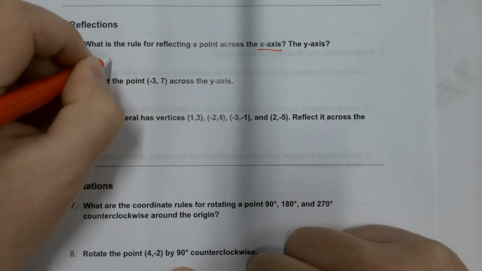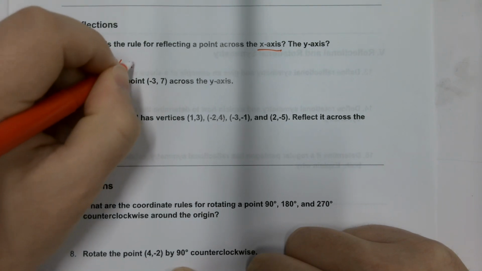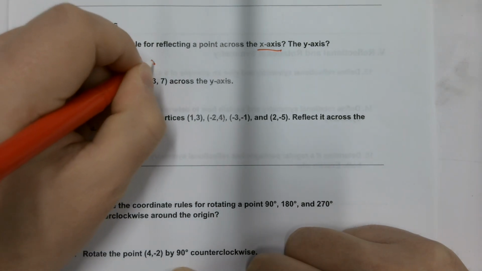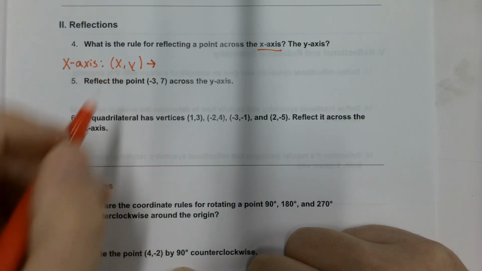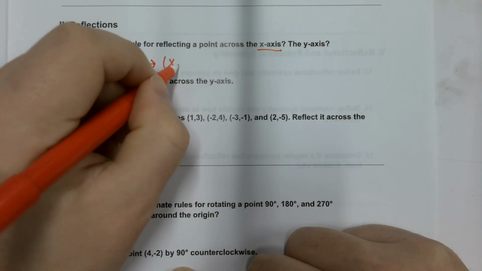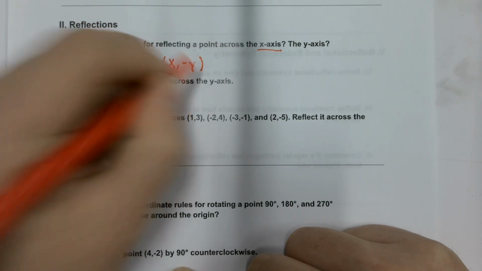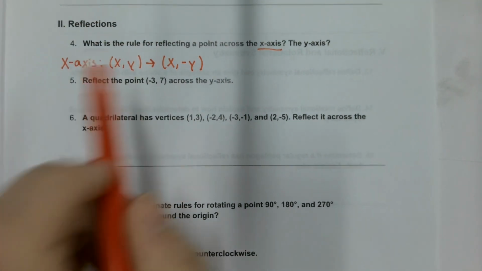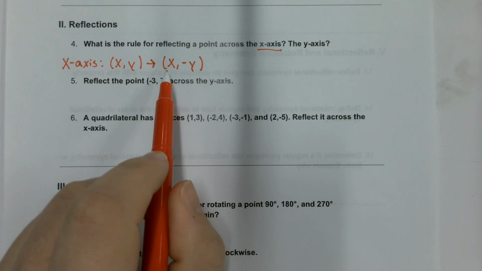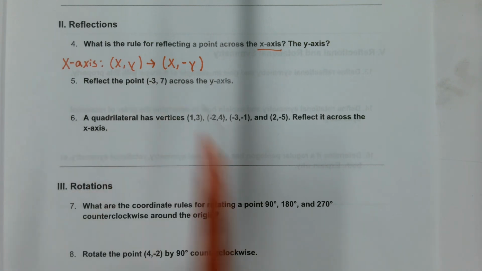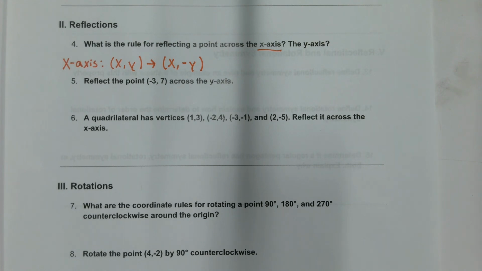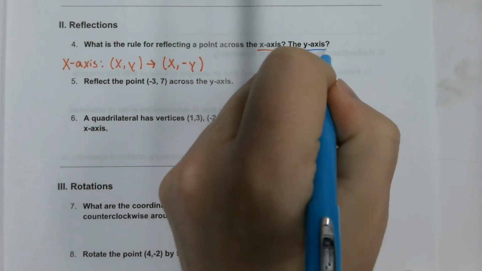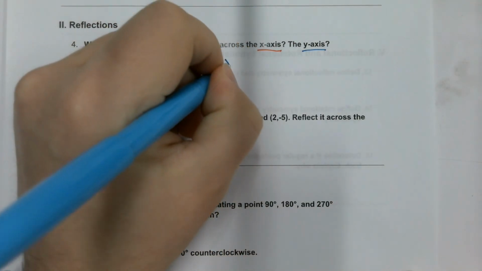So if we start off with x, y, and I reflect across the x-axis, the y value is going to become the opposite. So we would say that x, y then becomes x stays the same, y becomes the opposite. So the opposite is true for the y-axis.